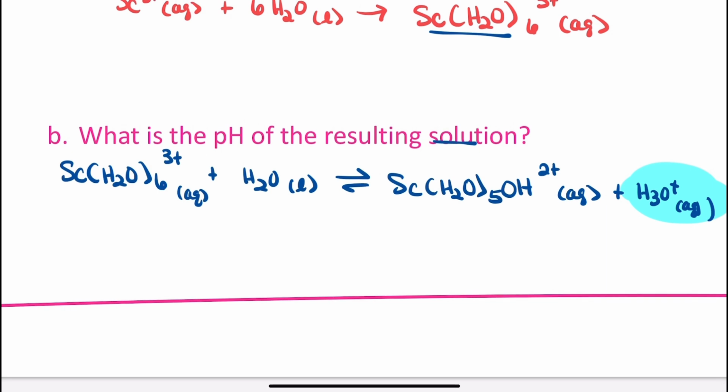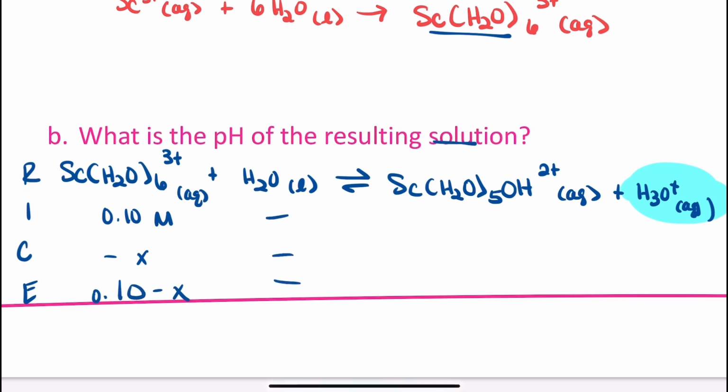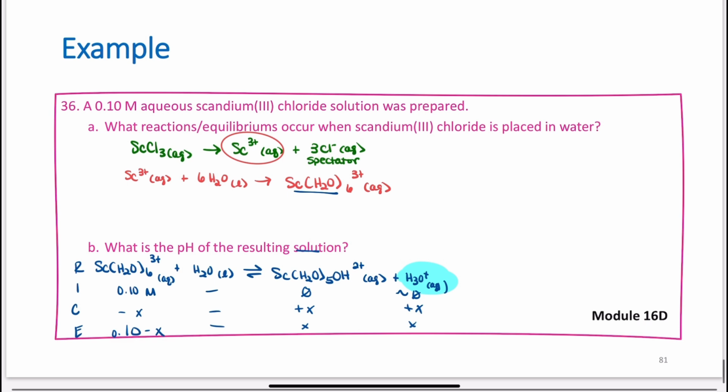If I have a 0.1 molar solution of the scandium 3 chloride, that means I have 0.1 molar here, minus x. Water's my solvent, so it's not going to change concentration. 0 plus x and x, approximately. Write out my Ka expression.